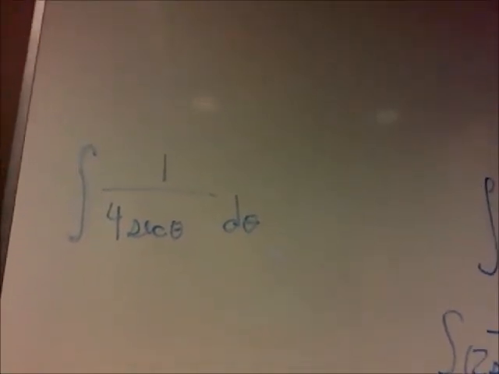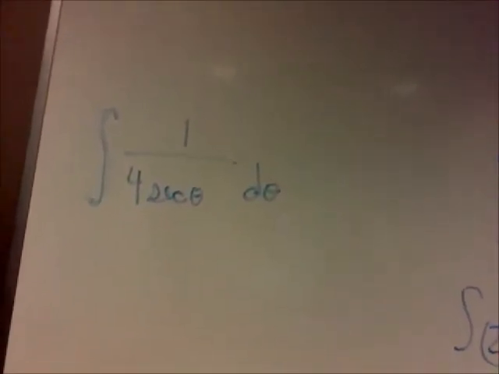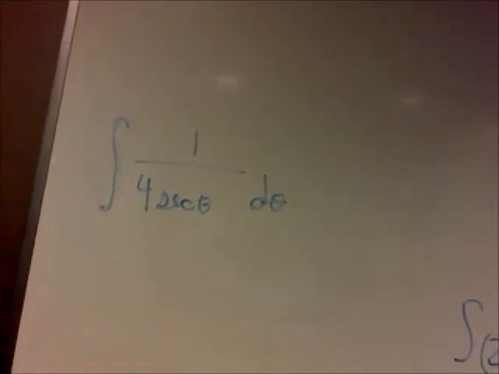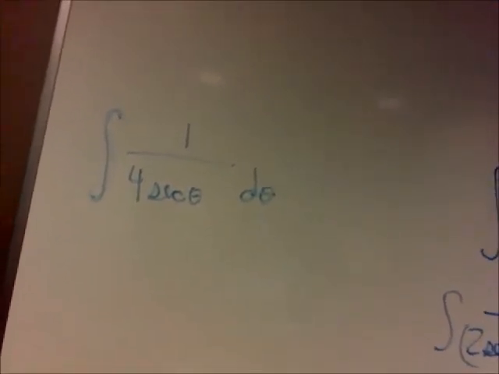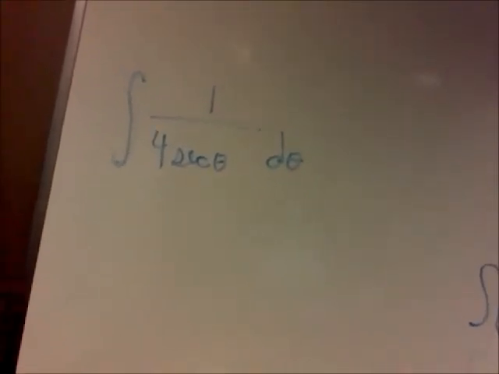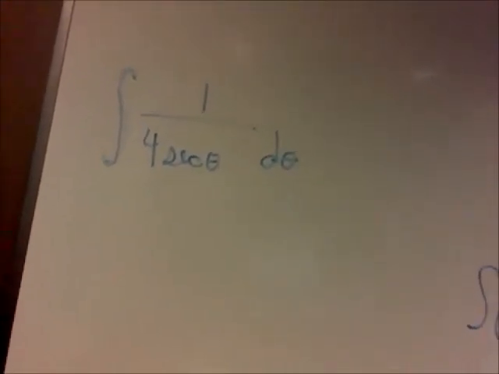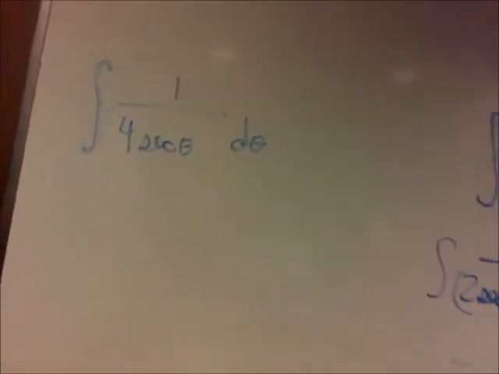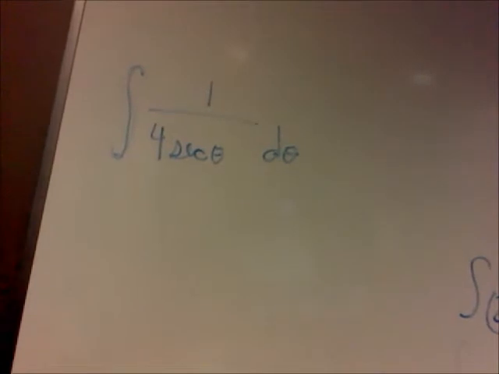You can bring the 1 over 4 outside of the integral since it is a constant, and you'll just have a 1 over secant theta d theta. And 1 over secant theta is the same thing as cosine of theta. So we can go ahead and change the problem now to 1 over 4 times the integral of cosine theta d theta.